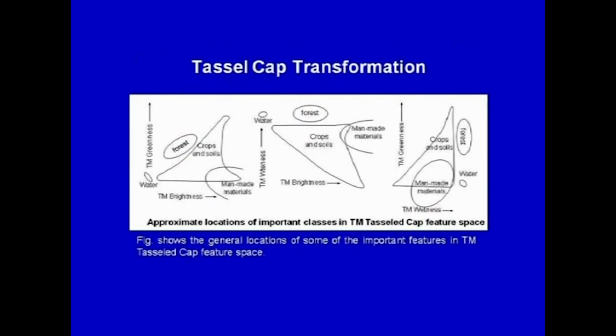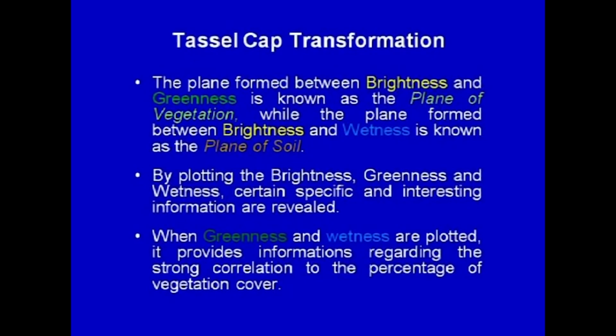This figure shows the approximate locations of the important classes in the TM tasseled cap feature space. The plane between brightness and greenness is known as the plane of vegetation, while the plane between brightness and wetness is known as the plane of soil. By plotting brightness, greenness and wetness, certain interesting information is revealed.